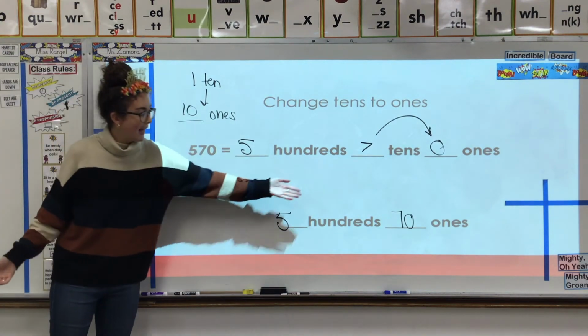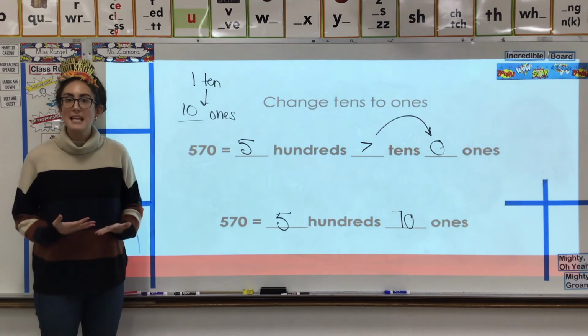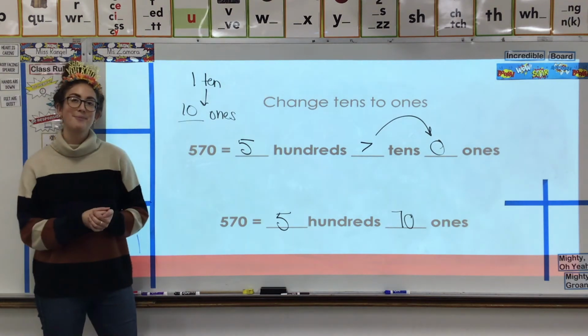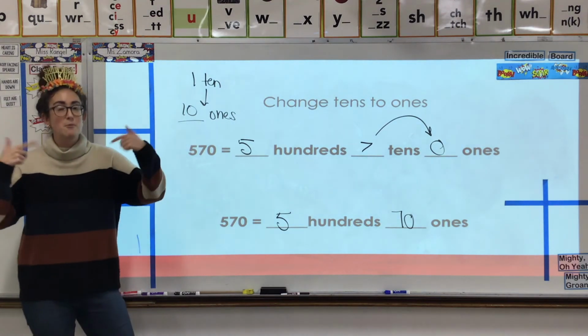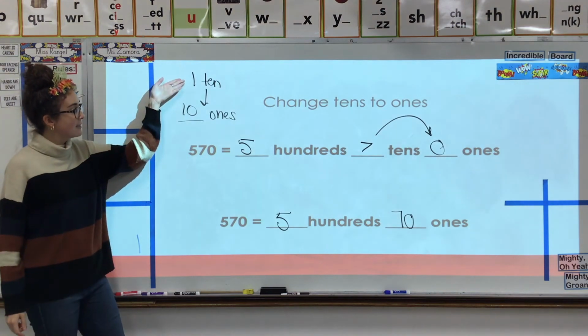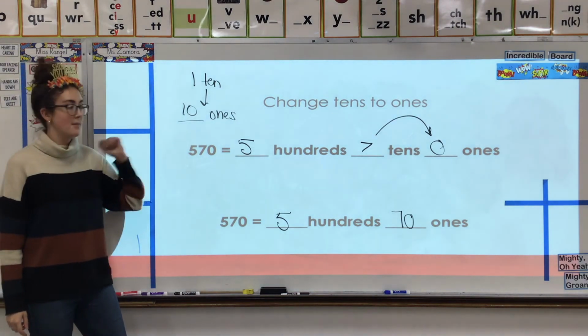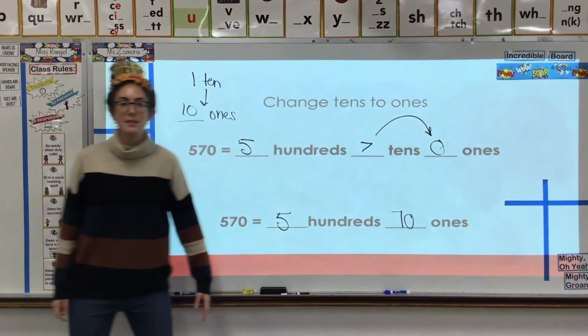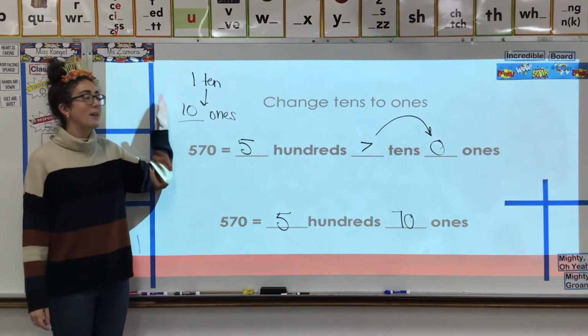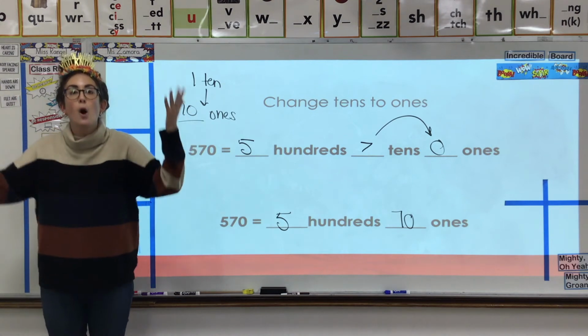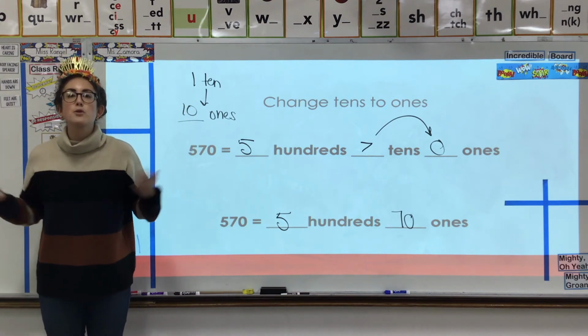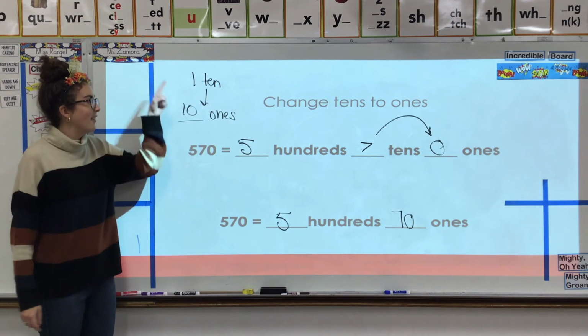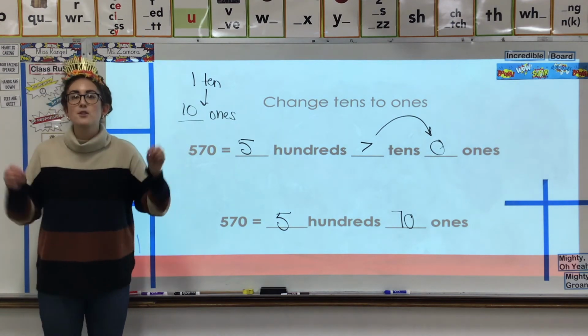How did we know that this was correct? It was equal. Because we knew 1 ten equaled 10 ones, therefore 7 tens equals 70 ones. Knowing this knowledge, we can do so much and explain how so much more math works. That's why this equation is so important.